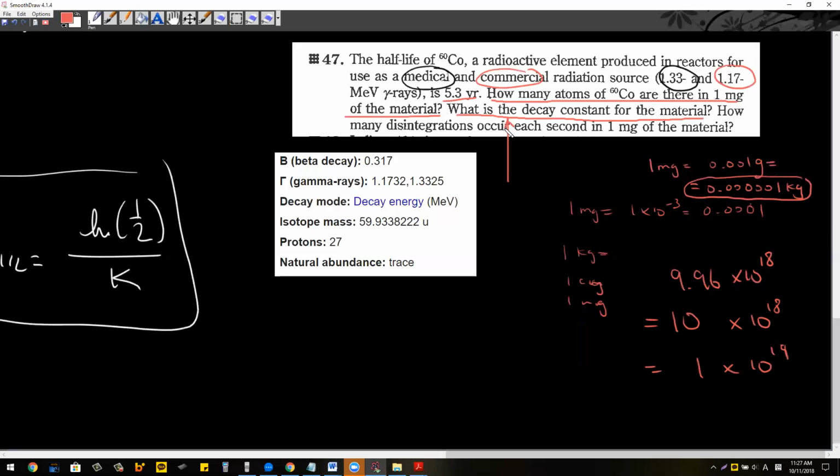All right, so it says half-life is 5.3 years, right? Do we have to convert that to seconds? It doesn't matter, but I think it says in the end how many disintegrations occur in each second, so I think it's better to convert that into seconds.